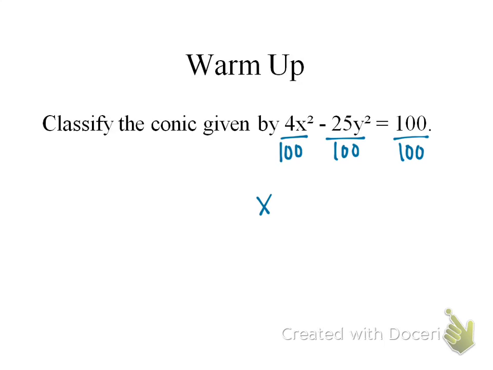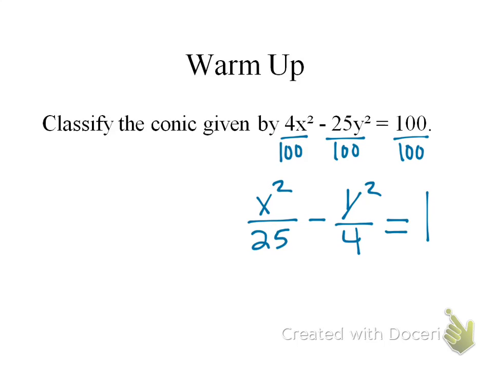So this is going to be x squared over 25, because 1 over 100 is 1 over 25, minus y squared over 4, because 25 over 100 is 1 over 4, equals 1. Can you tell what kind of conic this is now?